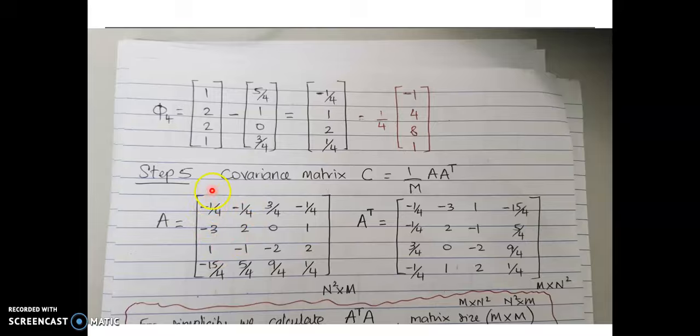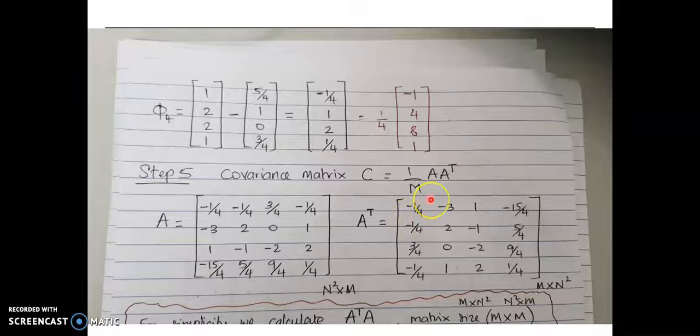So you have phi 1, phi 2, phi 3 and phi 4. These are the difference images that we obtained from step 4. You get the matrix A. The matrix A will be of size N squared by M, and in the example that we are considering, it is a 4 by 4 matrix. We do transposition upon A to get A transpose.